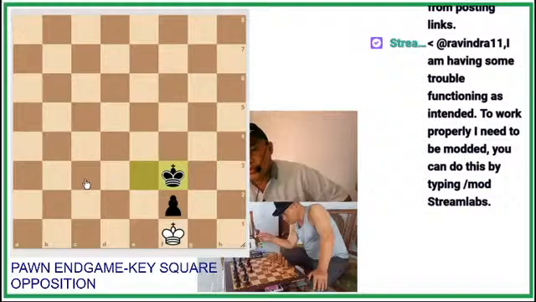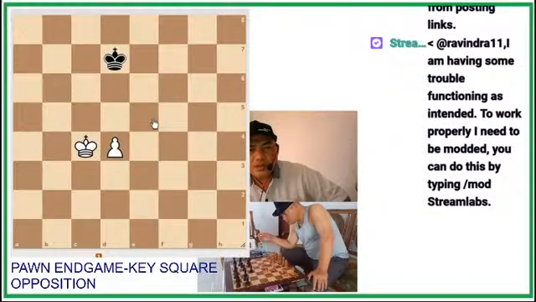So maybe that's about the opposition and the key square. We have learned before that the key square is about, when you make the opposition, you actually want to get the black king pushed back and get the key square.